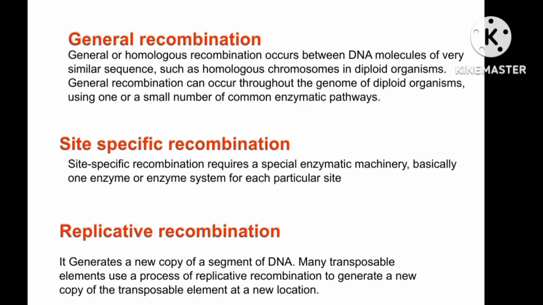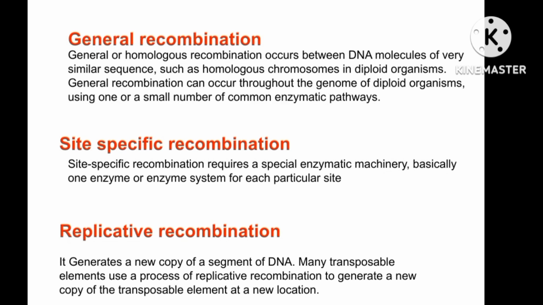The exchange of genetic material occurs only between homologous chromosomes having similar sequences, as in diploid organisms. This is carried out by the products of the rec genes, such as the RecA protein, which is very important for DNA repair.